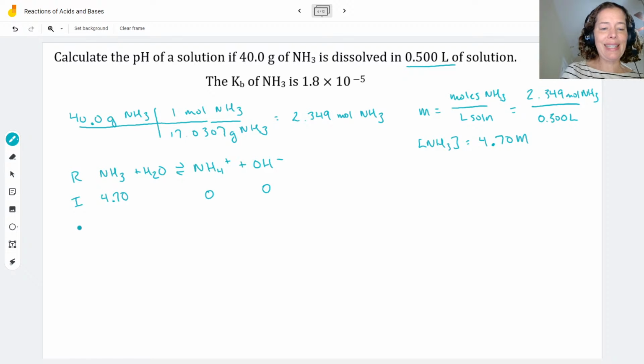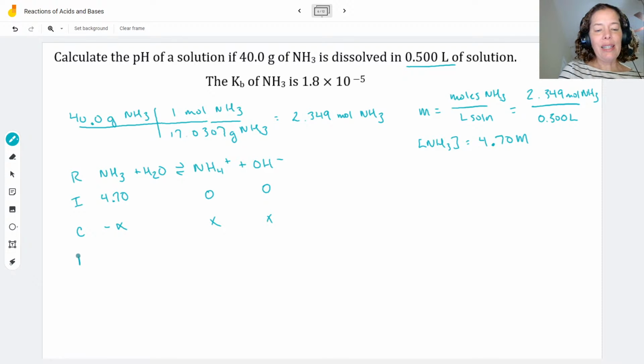Okay, so that's RI. C is consumed. So we know that some of the ammonia is going to participate in the forward reaction. Some of that ammonia is going to go on to form ammonium and hydroxide, but we don't know how much. This is why we call it X. So I know some amount is going to be used up. Now, whatever is used up is again formed over here because we have a 1-to-1 stoichiometric ratio across the board here, which again makes our calculations a lot easier.